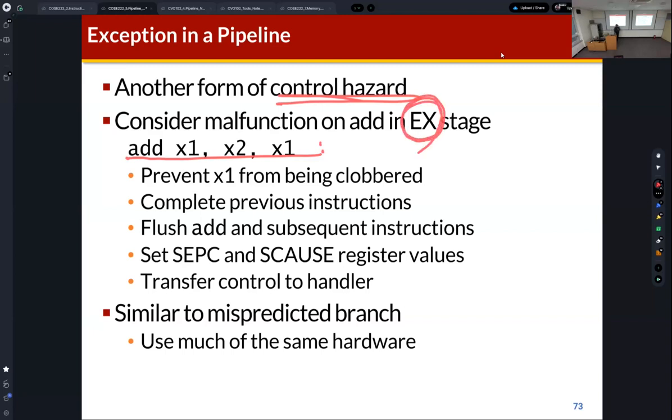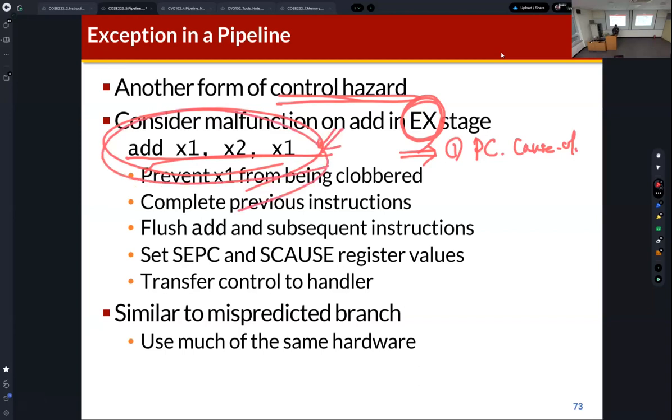Which means that an exception is detected in the EX stage for this instruction. As I explained, when an exception is detected, we need to firstly store the PC and the cause of the exception, right?